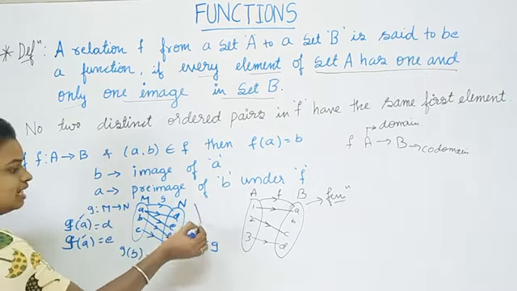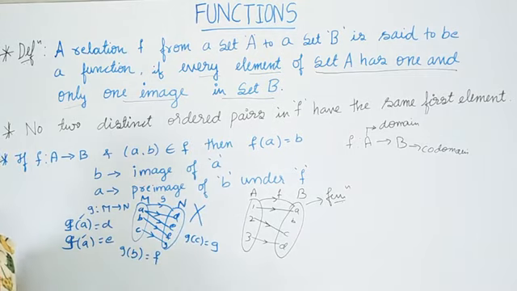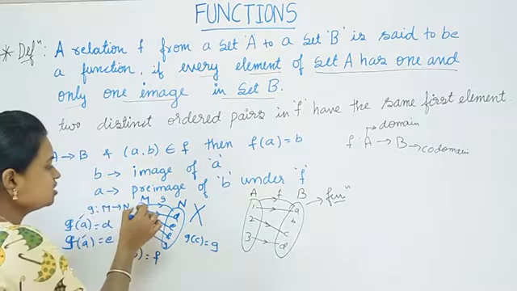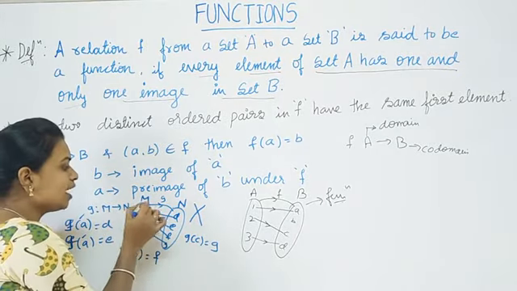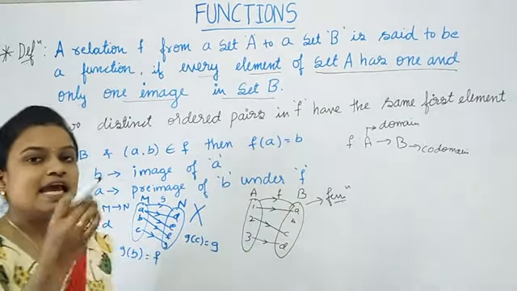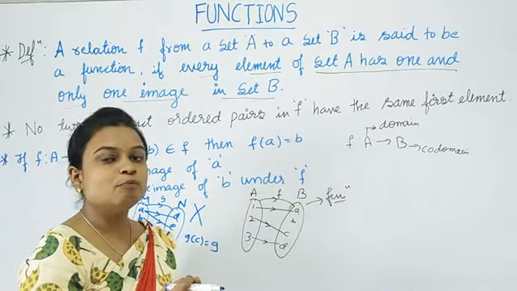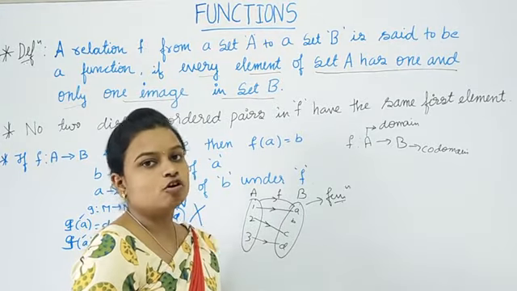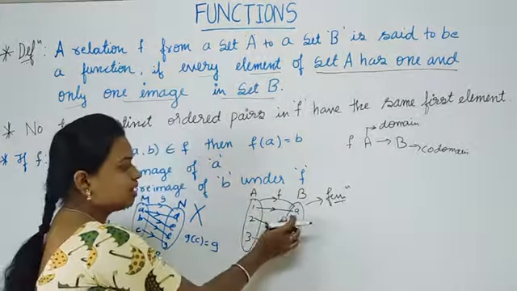So clearly this is not a function. Function means every element of the domain, right? This is the domain, this is the codomain. Similarly, A is the domain and B is the codomain. Every element of the domain is mapped to one and only one element of the codomain. So here 1 is mapped to a.